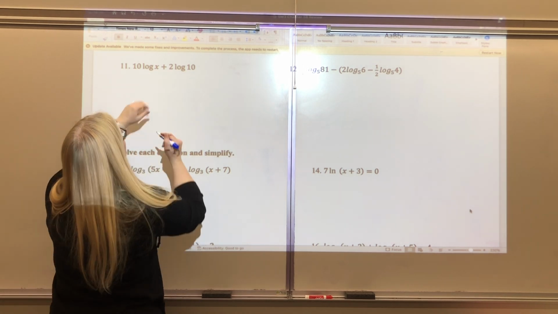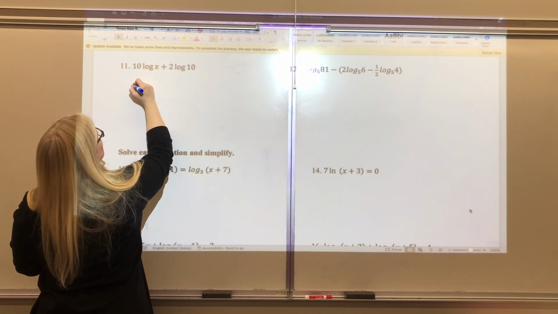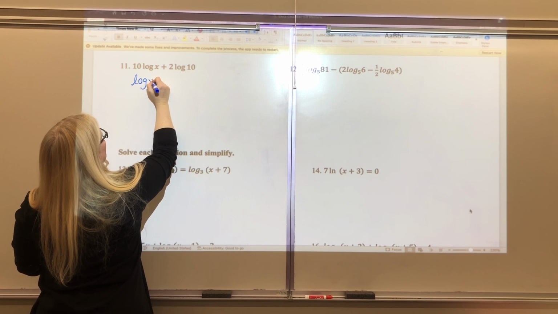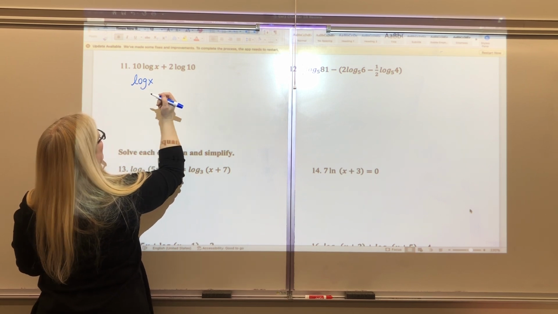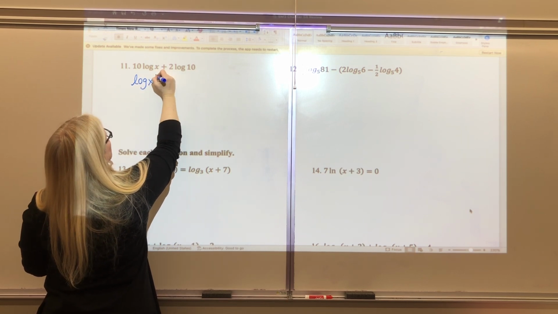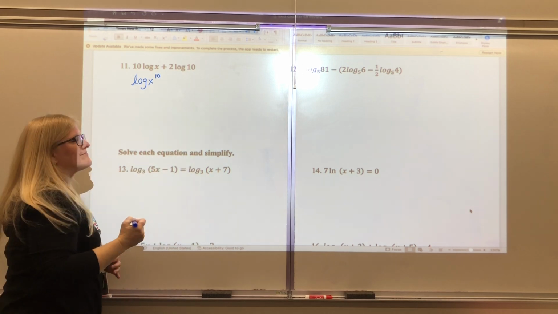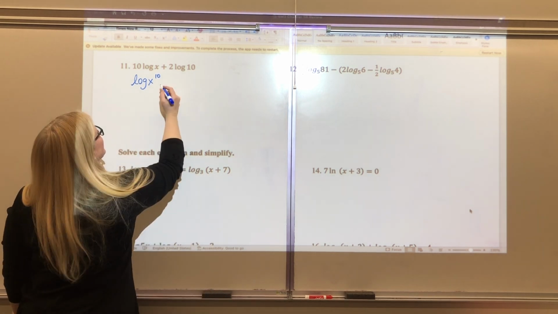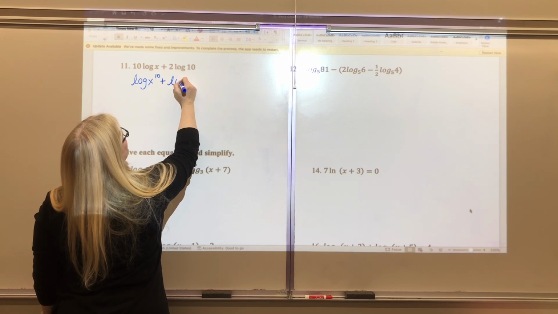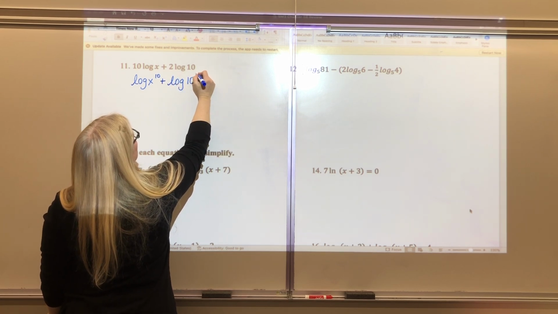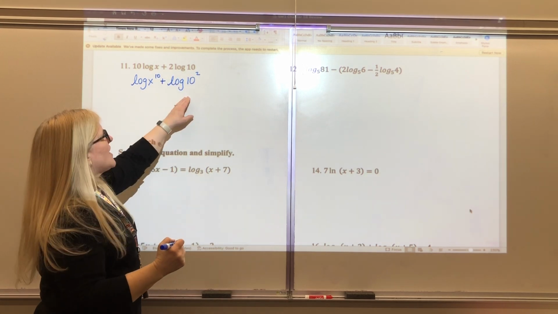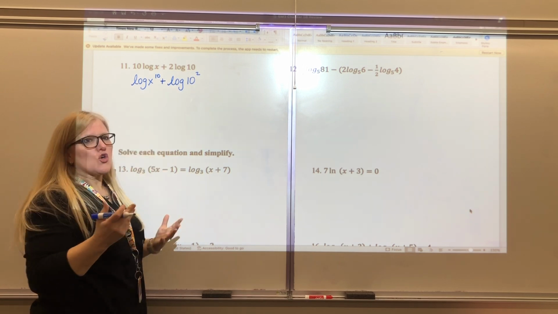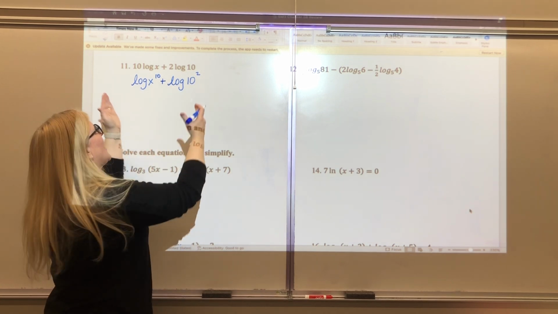So let's bump these. So log x of 10, log x to the 10th power, plus log 10 squared. Again, log 10 squared is 2, but I need to condense.